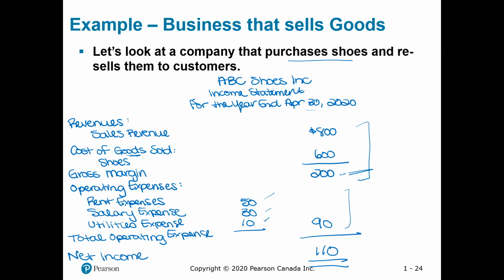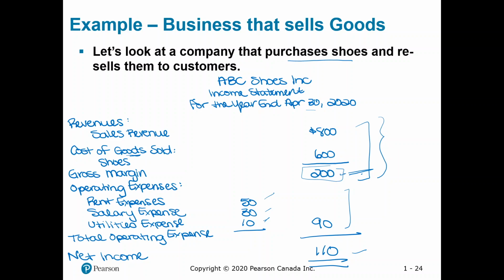So now they can figure out how many shoes they need to sell and how much this gross margin needs to be to cover off all of their operating expenses. So in managerial accounting, you would look through that. It's called break-even calculations to figure out how many do we need to sell just to break even, and then if we have a goal of the net income we want, how many would we need to sell at that point.